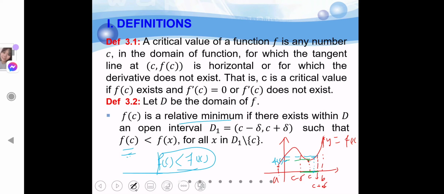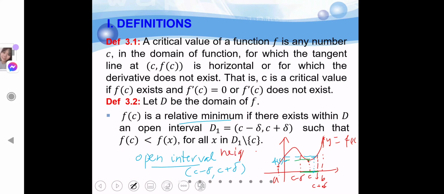In this case, the open interval (c minus delta, c plus delta) is called a neighborhood of c.